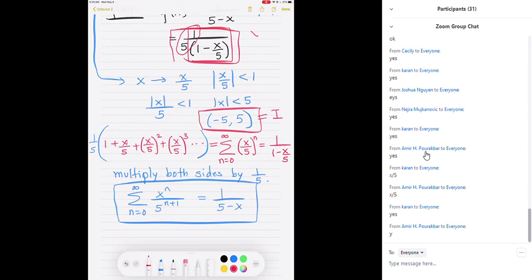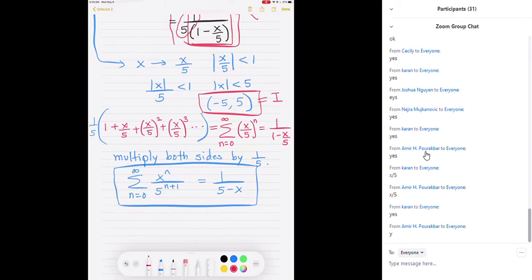What is the radius of convergence and what is the interval of convergence? So take this down, answer these two things, and we are ready for the next big one.